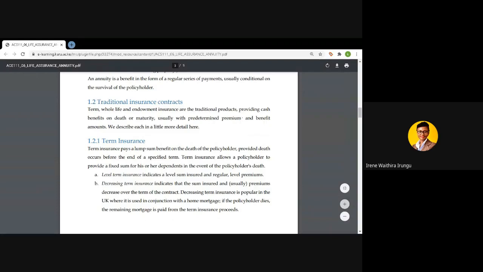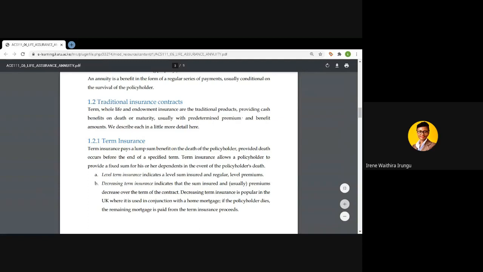of a specified term. So that means that if we speak of a 5-year term assurance policy issued, let's say, to Brian's father, if they died, let's say, in the 3rd year of that contract, then Brian and his mother are entitled to the lump sum benefits.